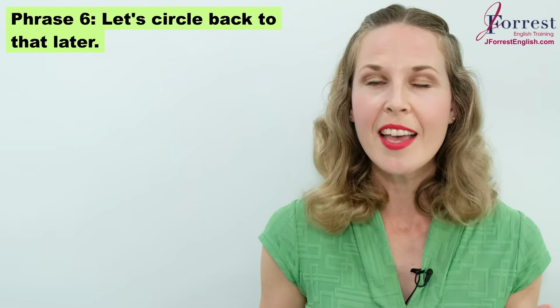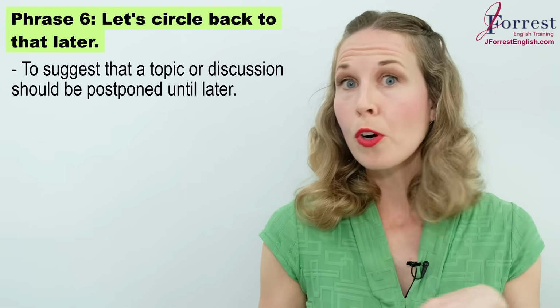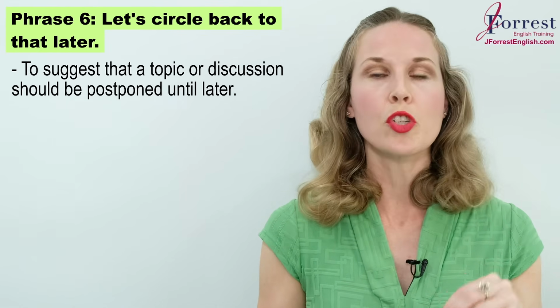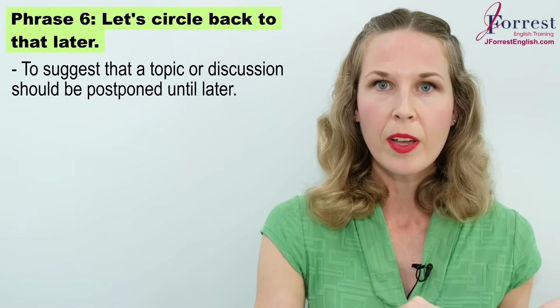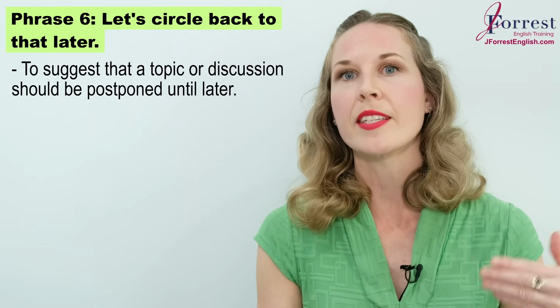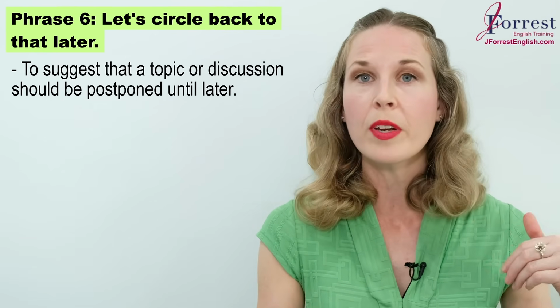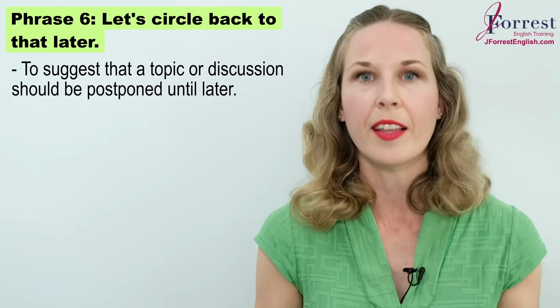Next, I love this one. Let's circle back to that later. When you circle back to something, it means you stop discussing it now and you suggest that you discuss it later. So you postpone your discussion until later.